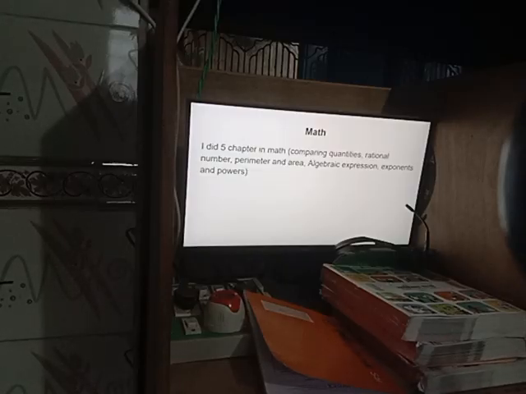In the starting there is the area of a parallelogram, so for a parallelogram we just have to multiply the base by the height, then the area of a parallelogram will come.